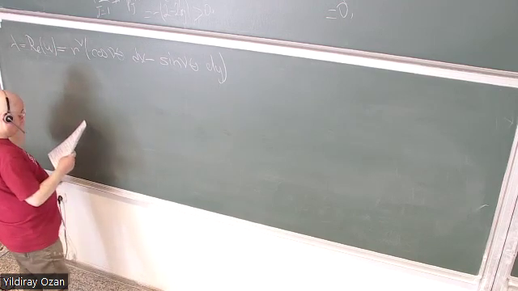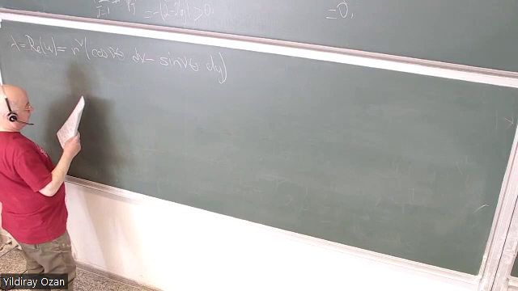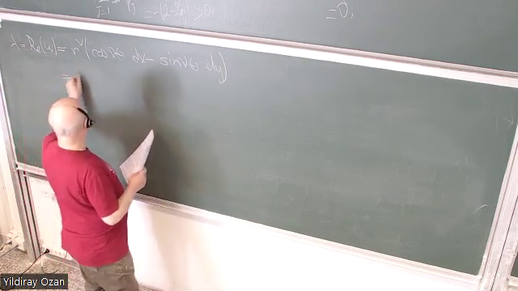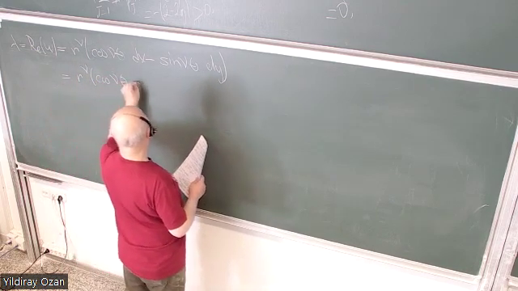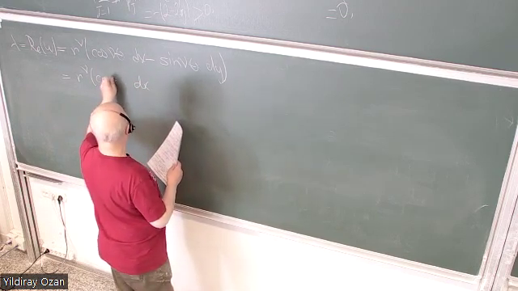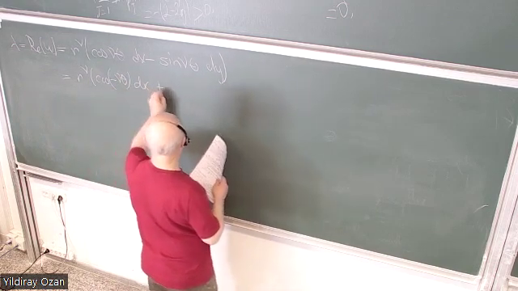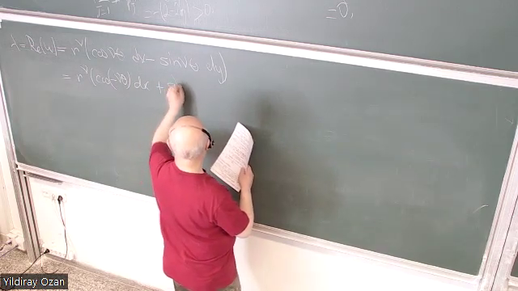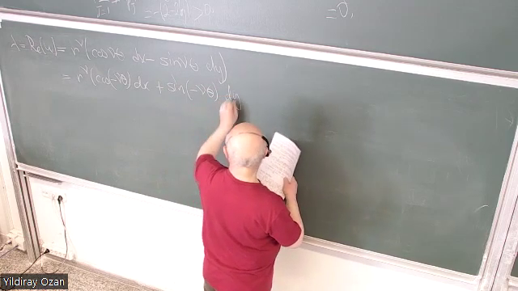Now, this thing can be written as cosine nu theta dx, sorry, minus dx plus sine minus the dy.